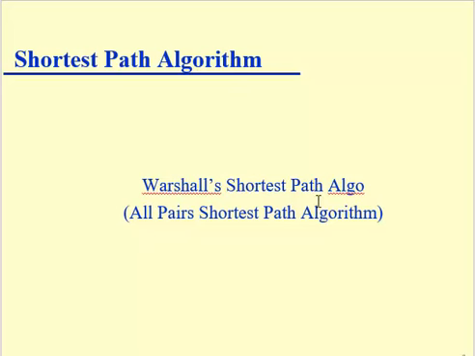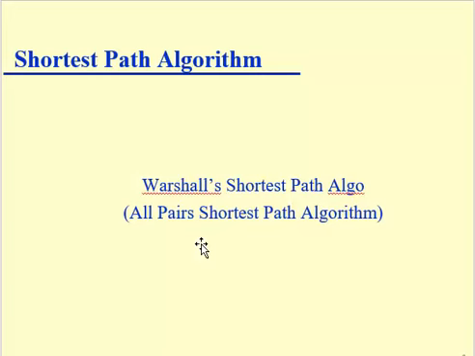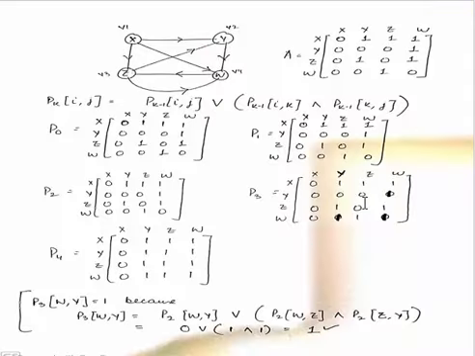Here, this path matrix just tells you whether there is any path between two nodes, but Warshall's shortest path algorithm will give you the length of that shortest path. Suppose you want to go from x to y, what is the length of the shortest path? If you want to go from x to w and there are many paths, which is the shortest one? That you need to find out.